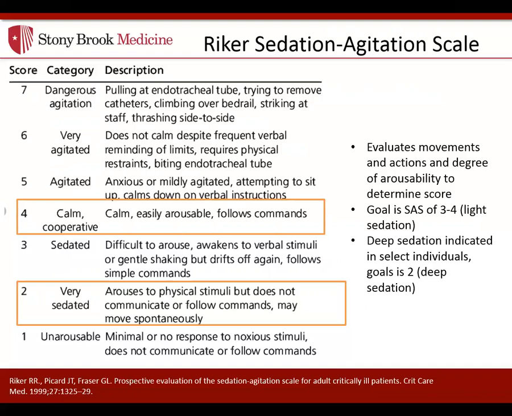The biggest drawback is it doesn't actually examine the patient's ability to interact with their environment or their level of wakefulness by following simple commands. So that means you won't be able to see if the patient is a candidate for mobilization.